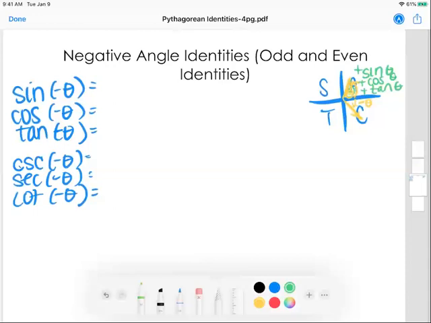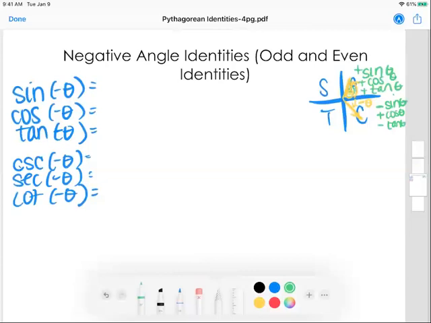So our trig values would be a negative sine theta. We would have a positive cosine of theta. And then we'd have a negative tangent. Okay, so we can fill in our chart now.